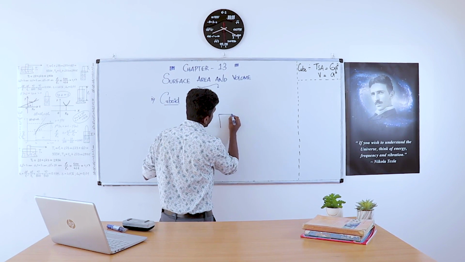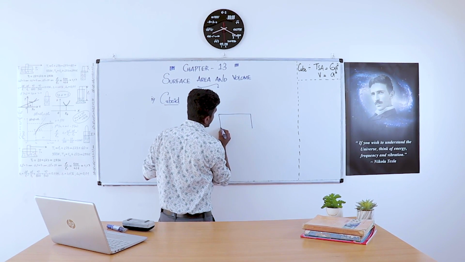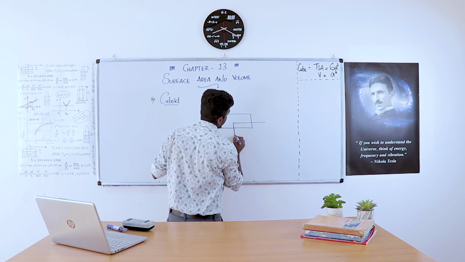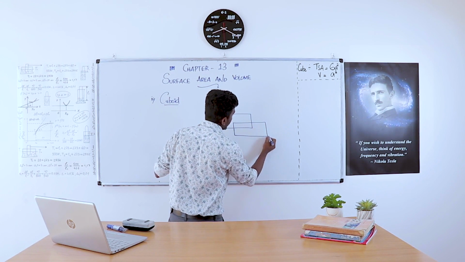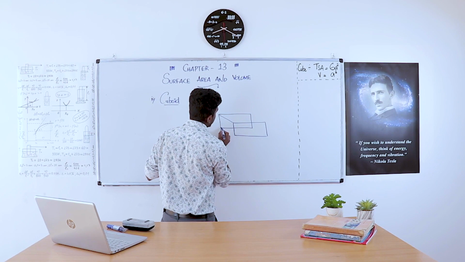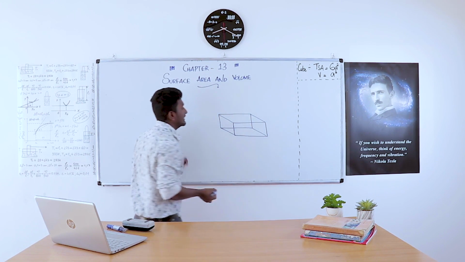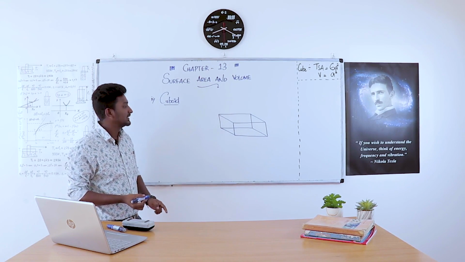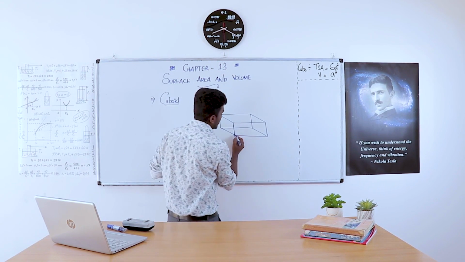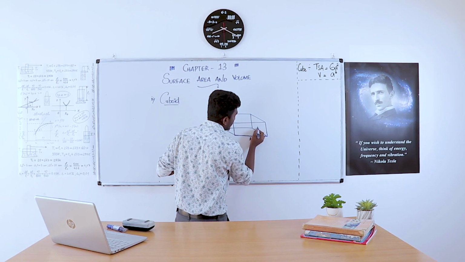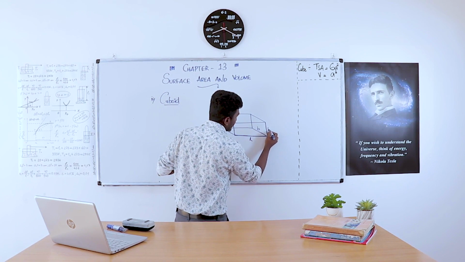An example is the shape of a matchbox. The shape of a matchbox is a cuboid. So when we are considering a cuboid, each face is a rectangle like this. So this is the length, this is the breadth, and this is the height.